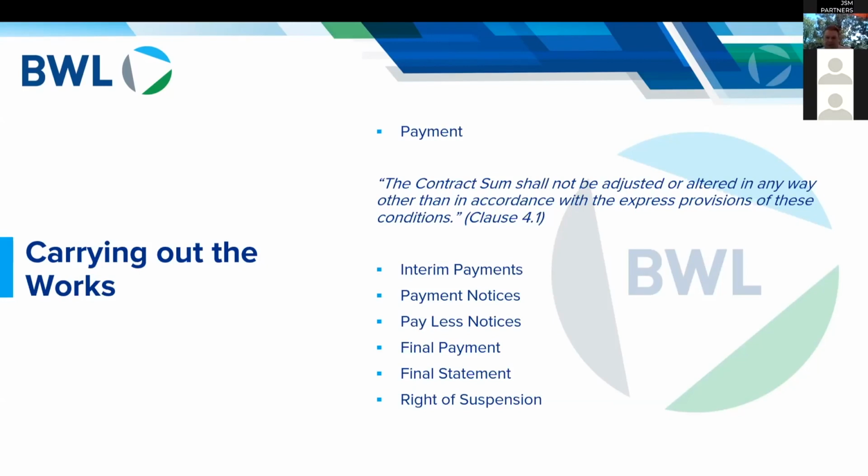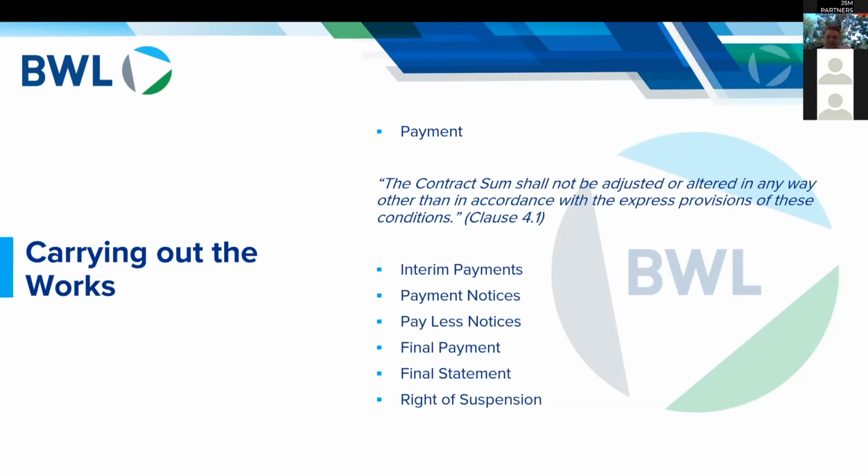If the amount that the developer is prepared to pay is less than the amount applied for, then the developer must issue the contractor a pay less notice. Under the legislation, the pay less notice must be issued no less than 5 days before the final date for payment of the interim application.